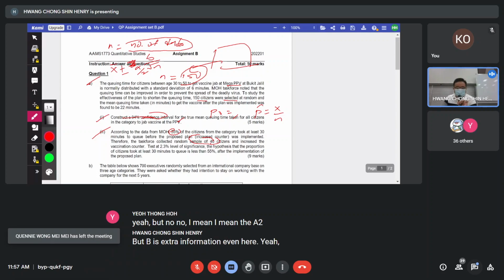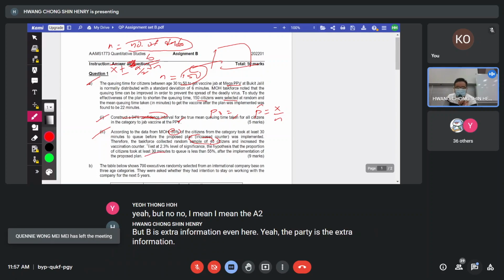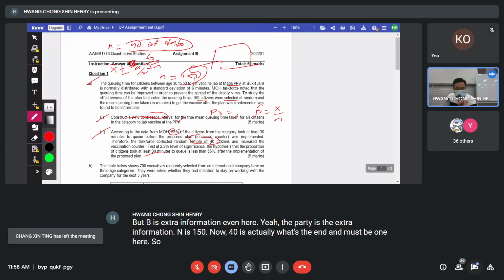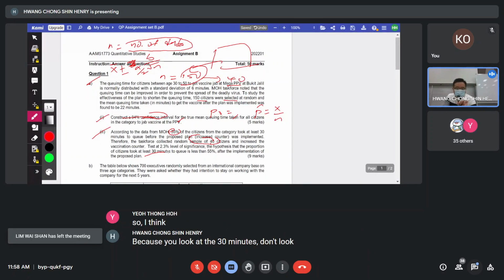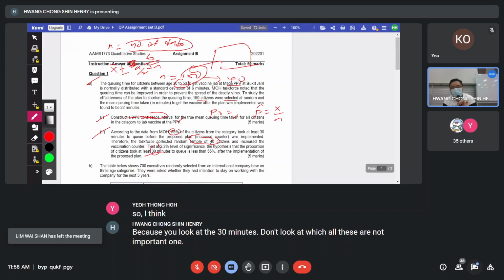See, part B, this 30 minutes is the extra information. N is 150. Now 40 is extra. What's your N? N must be from here. So out of this 150, they select another 40 to conduct this proportion. Simple. So as I said, don't look at the 30 minutes, don't look at the age, all these are not important.